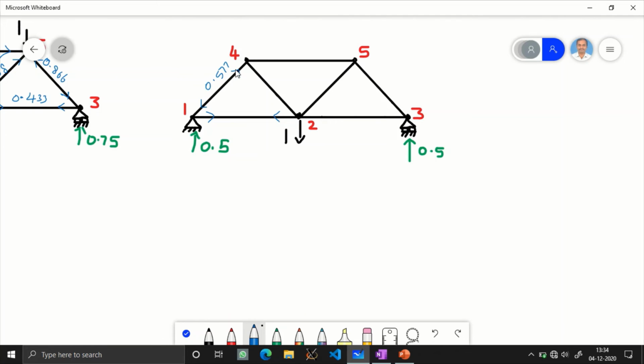Component of 0.577 is 0.577 cos 60, so it is 0.288. This particular structure is symmetric about a vertical axis, so the forces in the left will be the same as that of the forces on the right. So here I will have 0.288, and in this inclined member I will have force towards joint, the magnitude of 0.577.